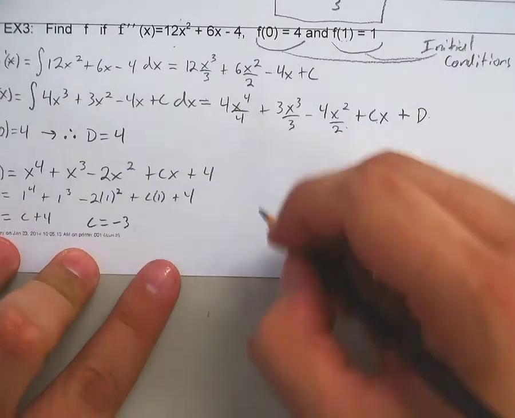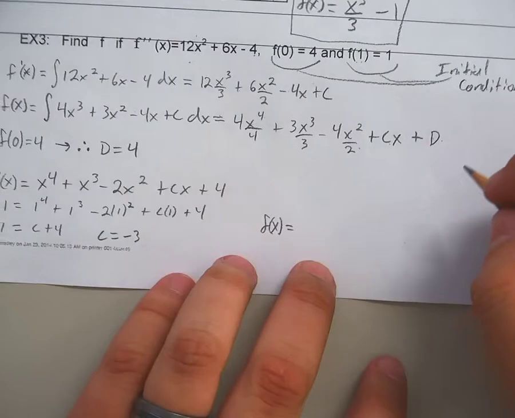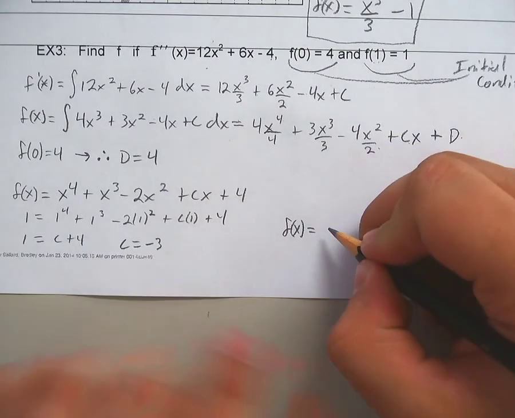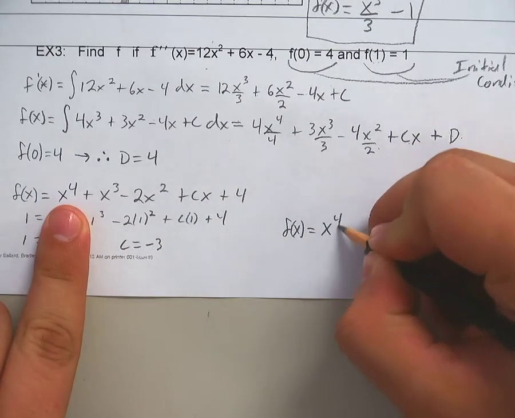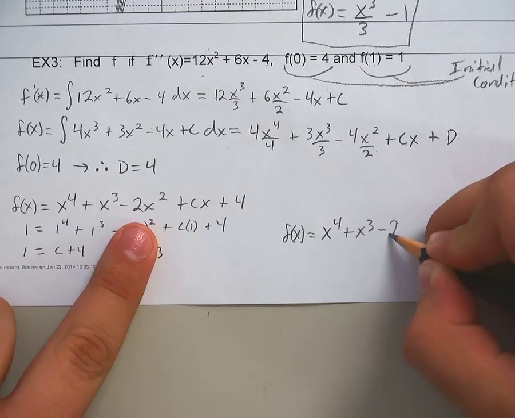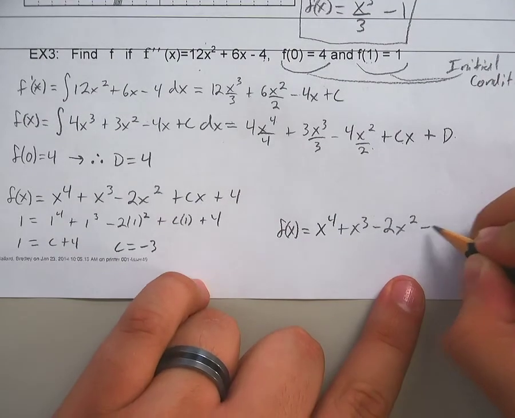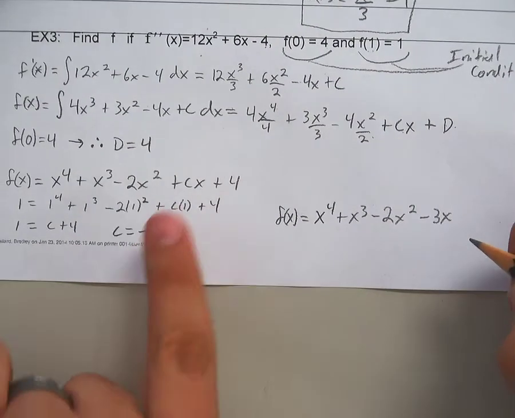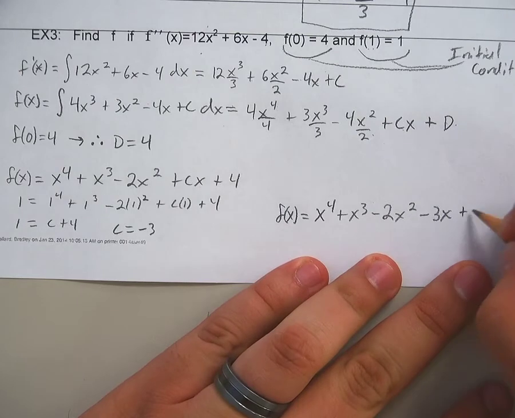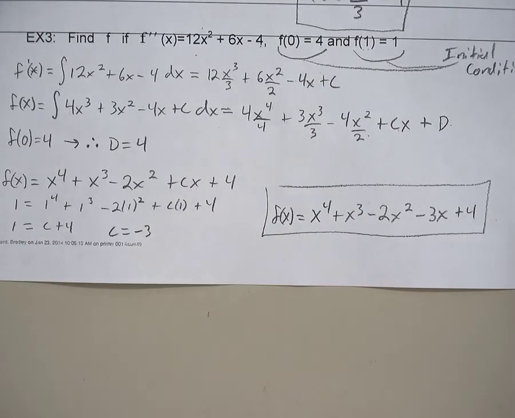So I can come over here and I can write my equation, f of x is going to be, from here, x to the 4th plus x cubed minus 2x squared minus 3x, because this c is a negative 3, plus 4. Remember what I told you yesterday about working backwards?